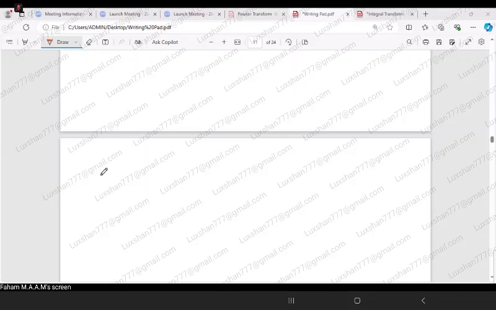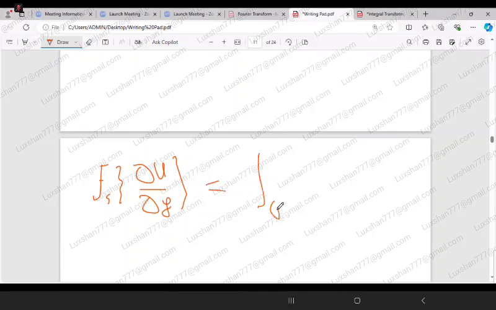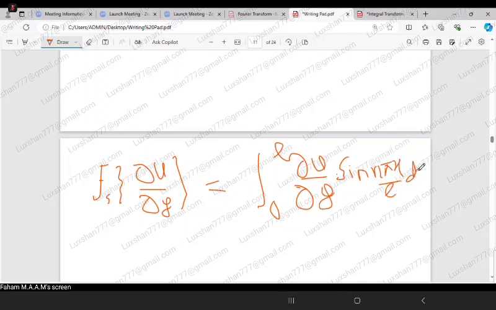Now we know this one. So now I am asking a simple question. What is Fourier sine transform of partial u over partial y? This is equal to integration 0 to L partial u over partial y into sine n pi x by L into dx.